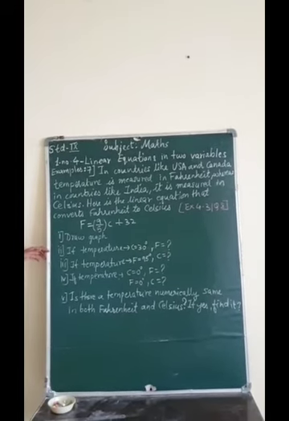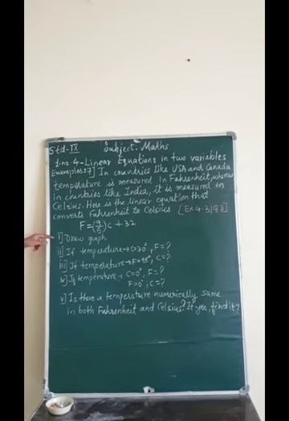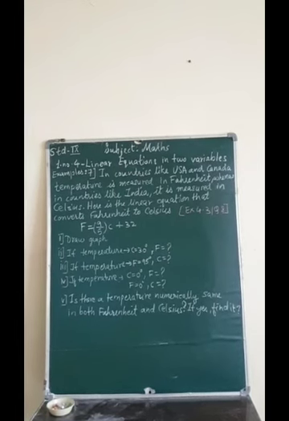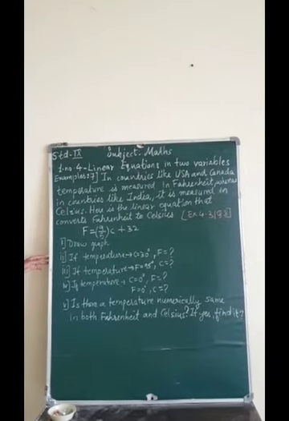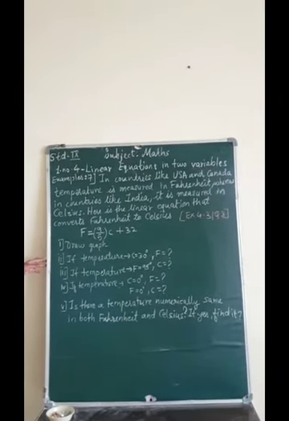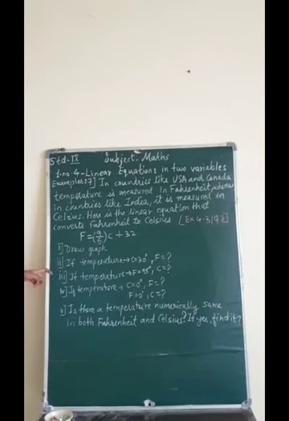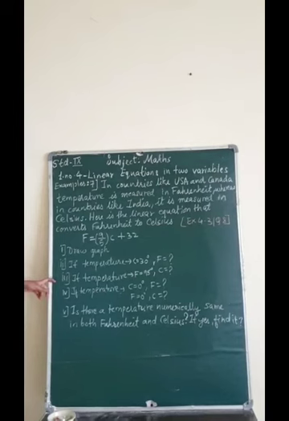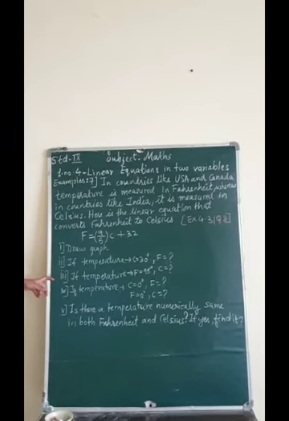Now this is a question asked in exercise 4.3, question number 8. Question number 7 you take as homework. So here, first question they have asked us to draw the graph for this equation. Second question, if temperature given in Celsius is 30 degree, what is the temperature in Fahrenheit? Third question, if temperature given in Fahrenheit is 95 degree, find the temperature in Celsius.